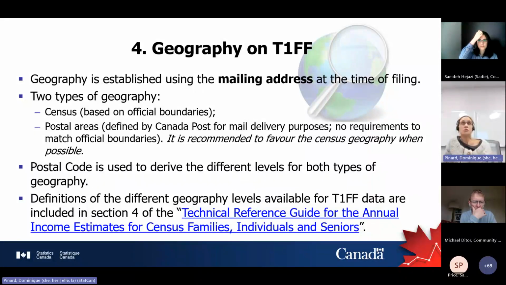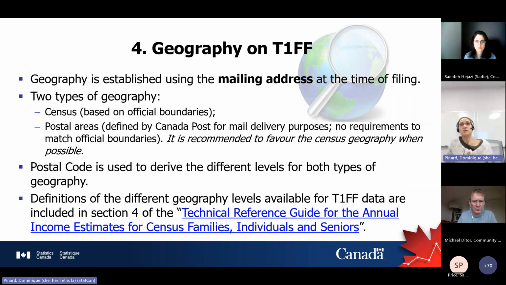So postal code is the main base to derive geography. The geographies that are derived are the census geography, which is basically the official boundaries used at Statistics Canada to release data, related to the census of population done every 5 years. The other type of geography available from the TIFF is the postal areas.